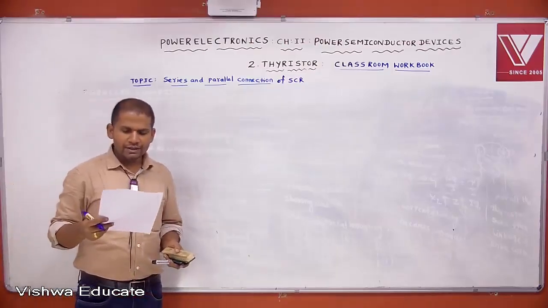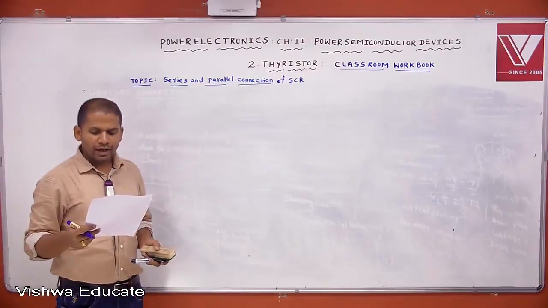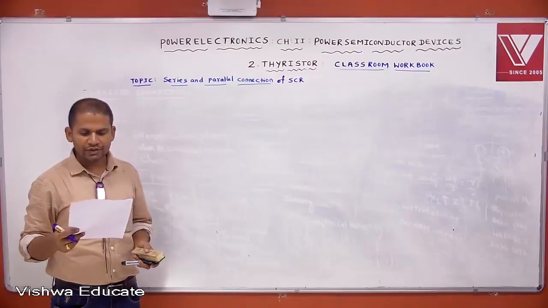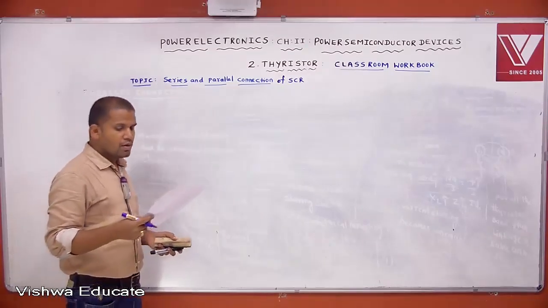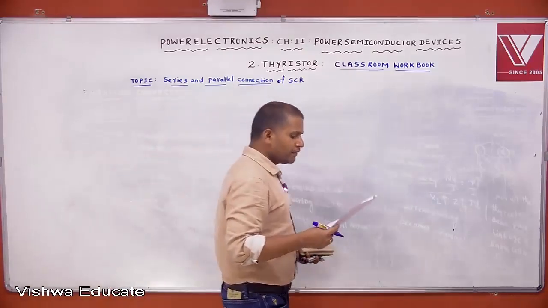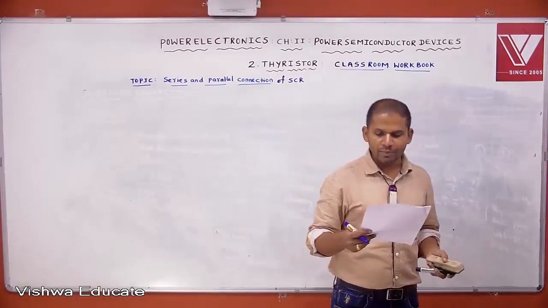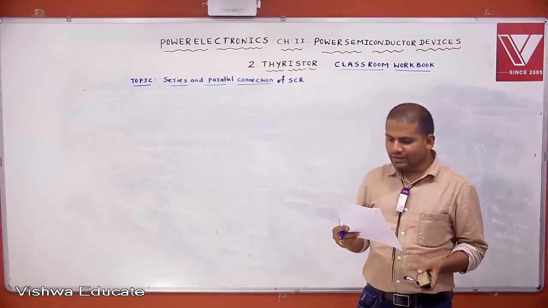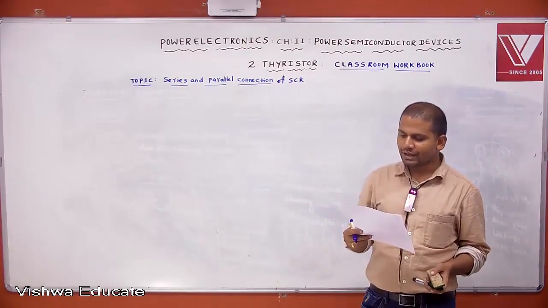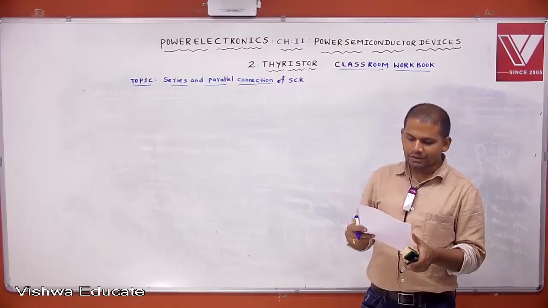Number of thyristors, each with rating of 500 volts, 75 amperes, required in each branch of a series parallel combination for a circuit with total voltage and current ratings of 7.5 kV and 1 kiloampere respectively. If the device derating factor is 14%, then what is the number of thyristors in series and parallel branch respectively?